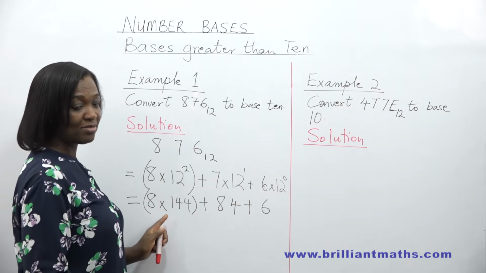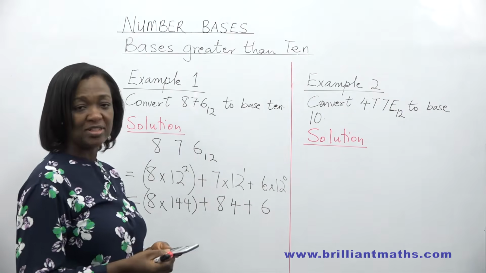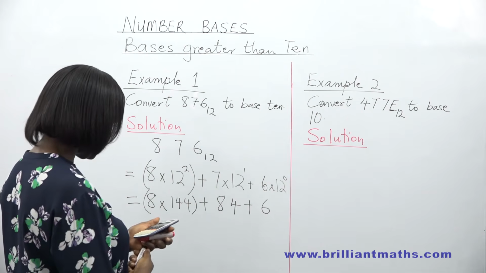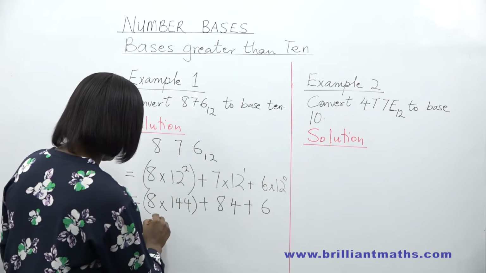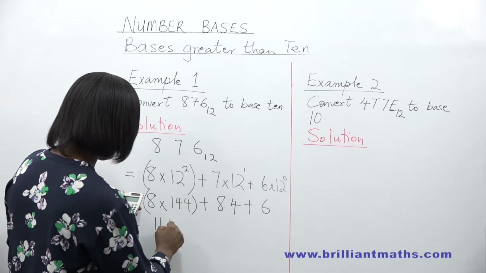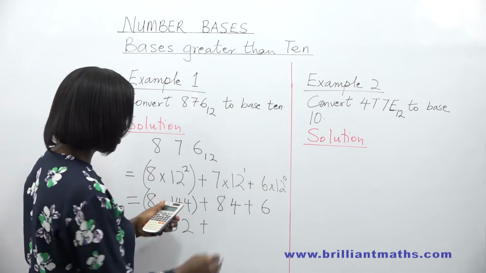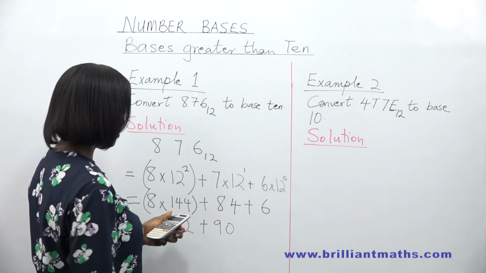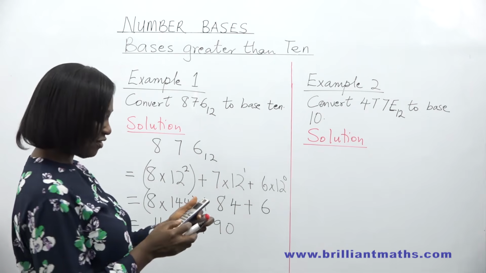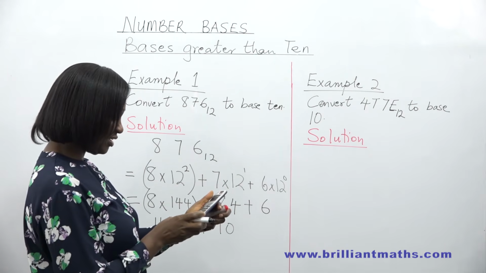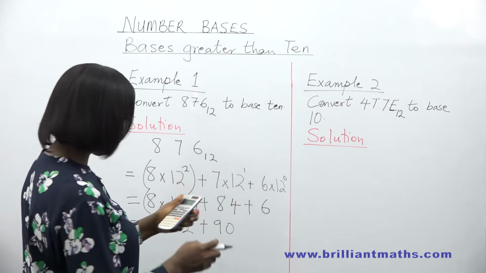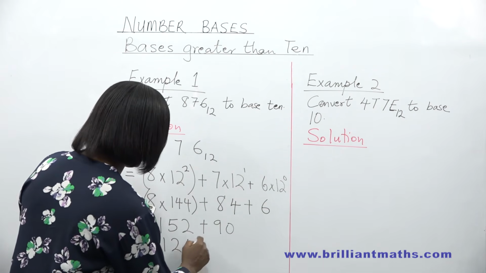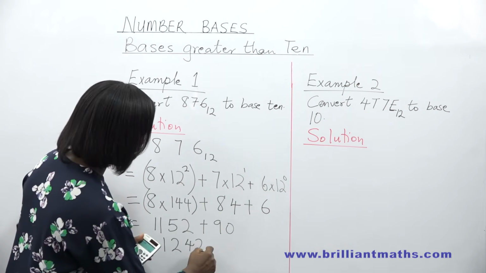What is 8 times 144? Let's do that in our calculators. 8 times 144 is 1,152, plus 84 plus 6 is 90. So 1152 plus 90 equals 1,242. And this is now in base 10.